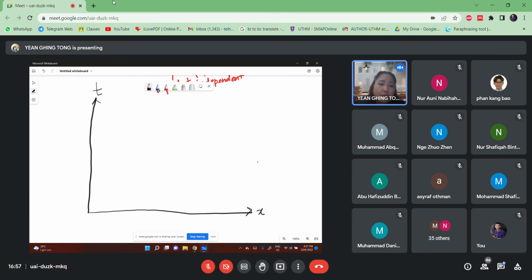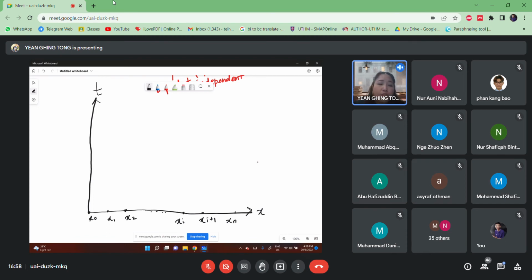For sure, this will start with x naught. Kita start dengan x naught, x1, x2, and so on. And then I will write here xi, and the next one is xi plus 1. So continue sampai the last one xn lah kiranya.